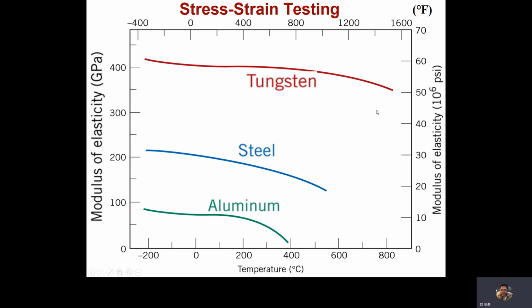It tells us tungsten has the most stable Young's modulus with respect to temperature change, and aluminum has the highest variation between Young's modulus and temperature. So you can tell which type of material can be used in high temperature applications.